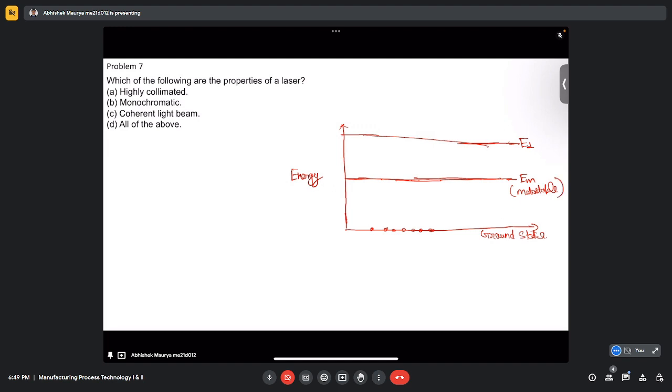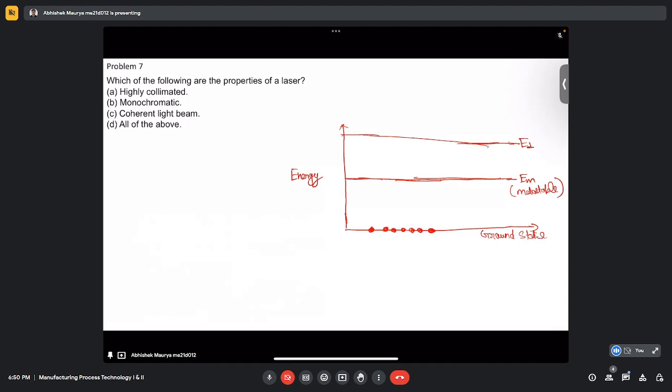This is the case when we are not providing any energy to a material, so most of the electrons will stay in the ground state.